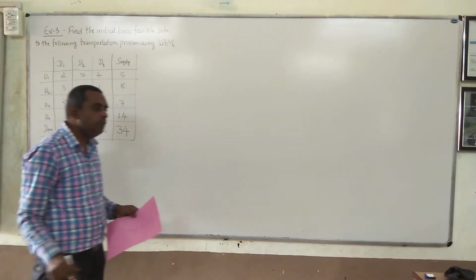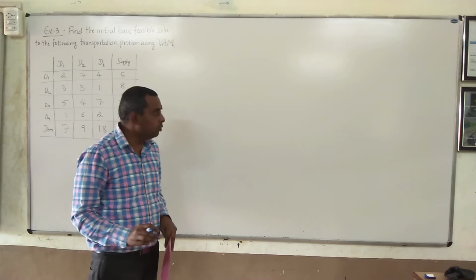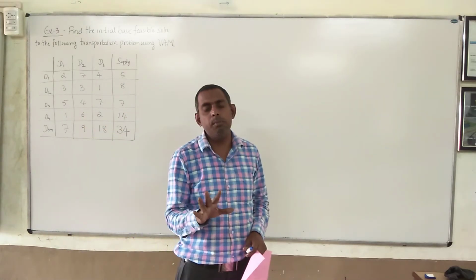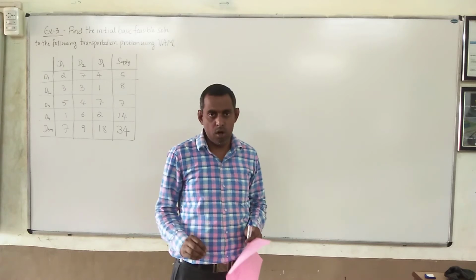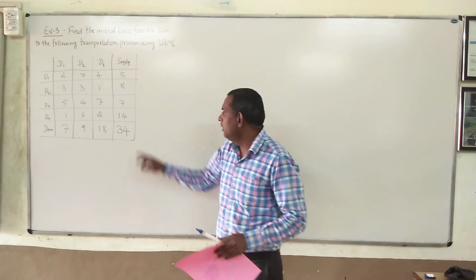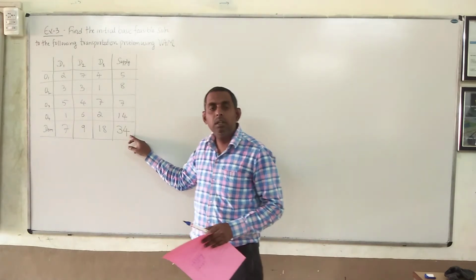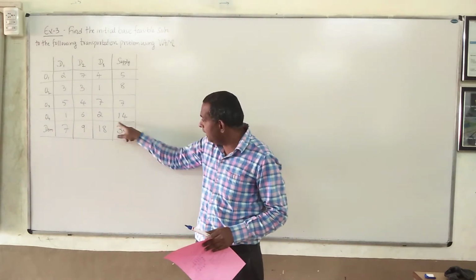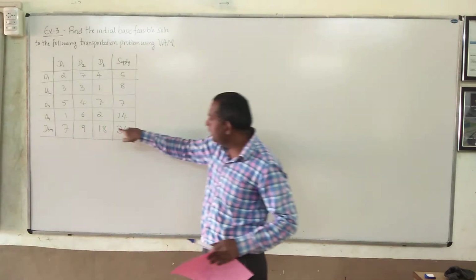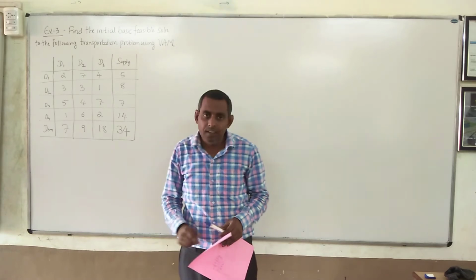Fine. So now what am I supposed to do? I have to check whether the given transportation problem is balanced or not. So to check it, we have to see that the addition of this column and the addition of this should result in the same value.